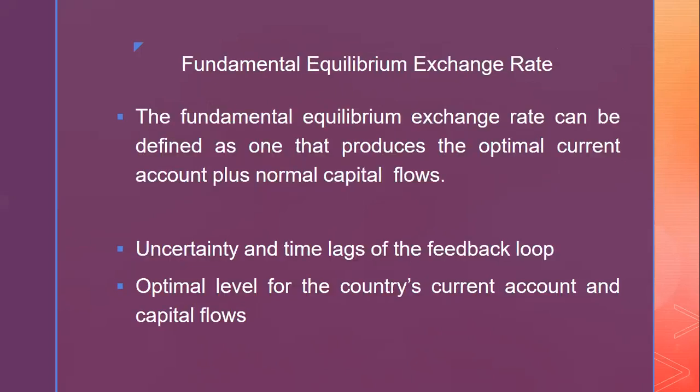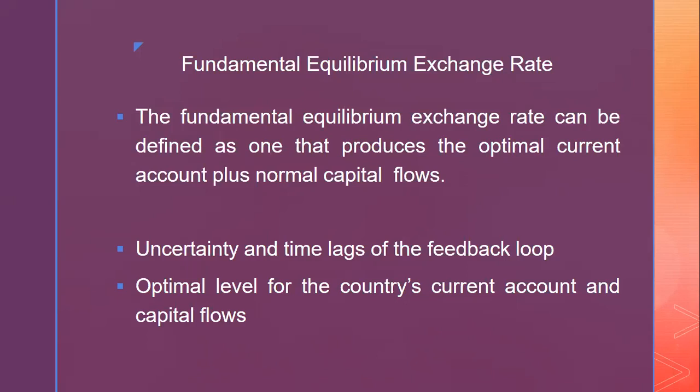Now we come to the second definition, that is the fundamental equilibrium exchange rate. This is a variation of the first definition. As we said the current account should be at balance or in equilibrium, here we say the fundamental equilibrium exchange rate is the level that produces the optimal current account plus the normal capital flows, right?